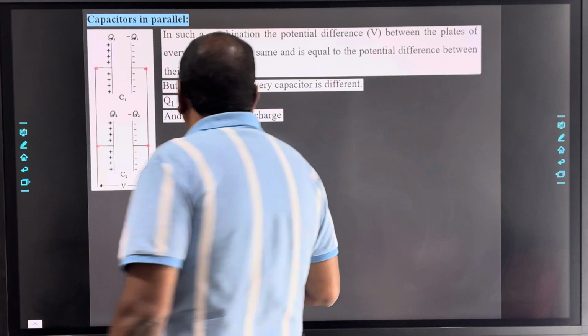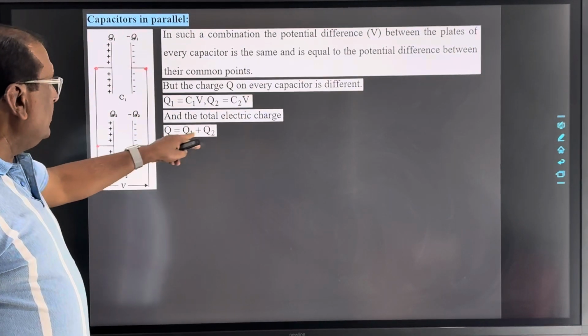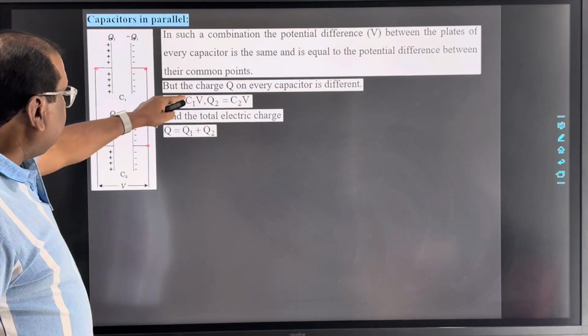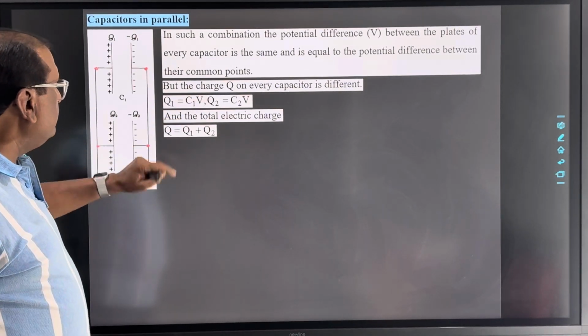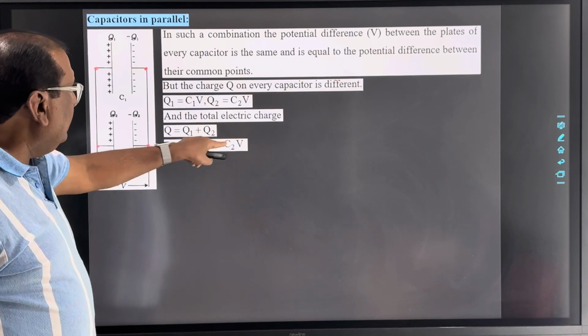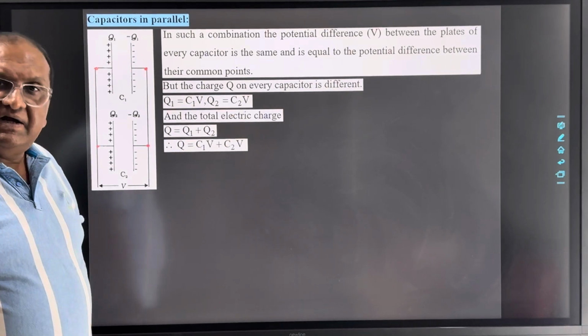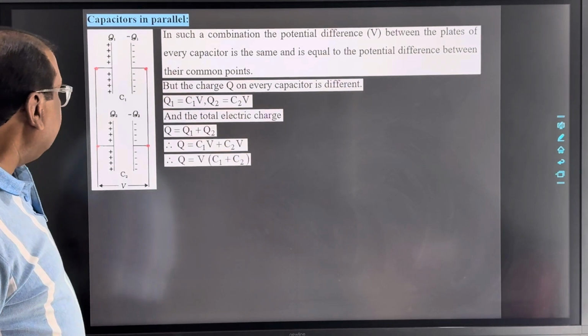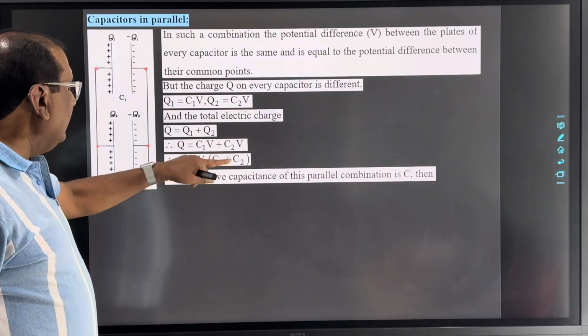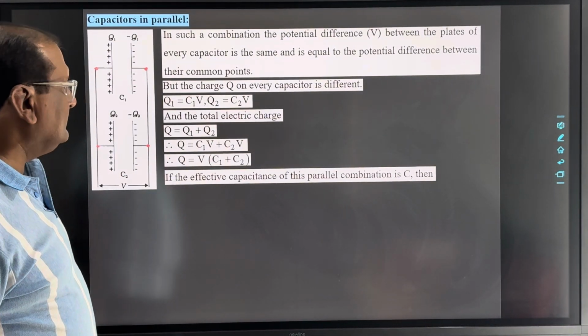So total electric charge Q equals Q1 plus Q2. Clear? Now substitute these values of Q1 and Q2. So we can write Q is C1V plus C2V. Take V common, take it to the left-hand side. So we can write now Q by V is C1 plus C2.